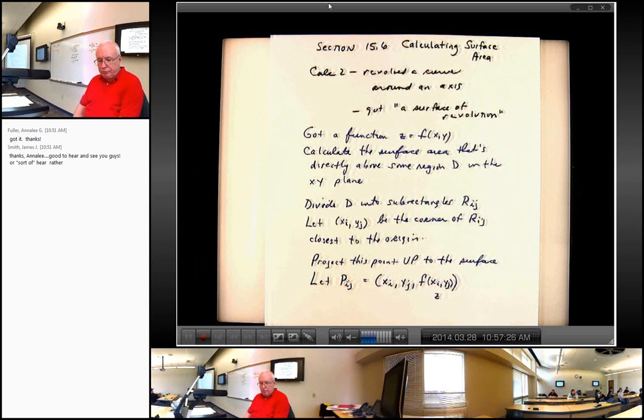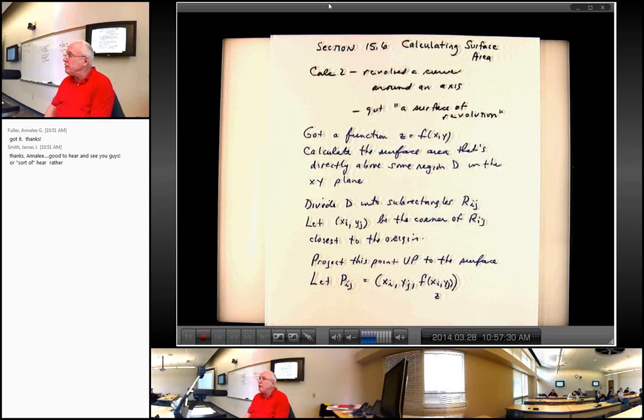Now, every point on a surface has tangent lines going in either direction, right? X and Y direction, and they have associated with it what's called a tangent plane that approximates the surface. This is stuff that we had for the last exam, all right?